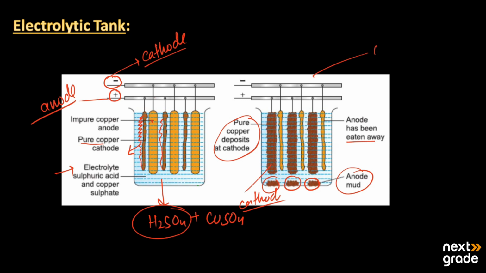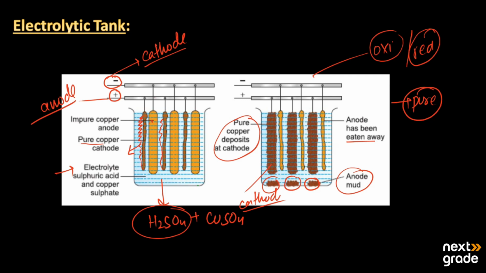In this way, the processes of oxidation and reduction take place, and we gain the metal in pure form. So this was a simple process of electrolytic refining.